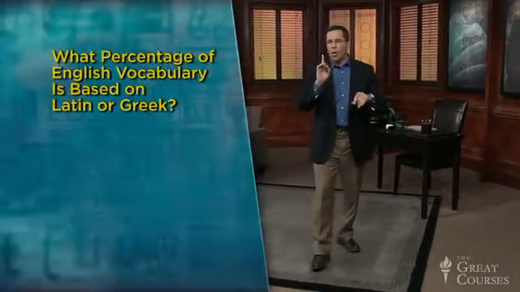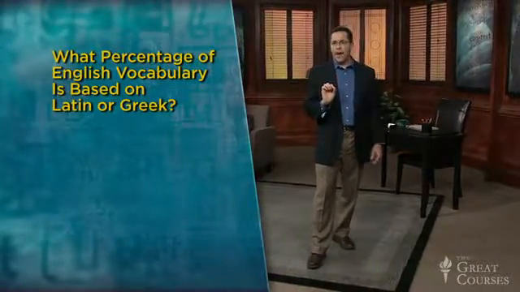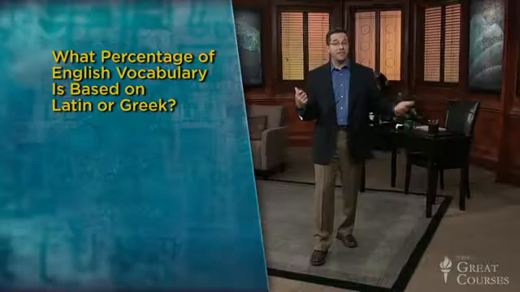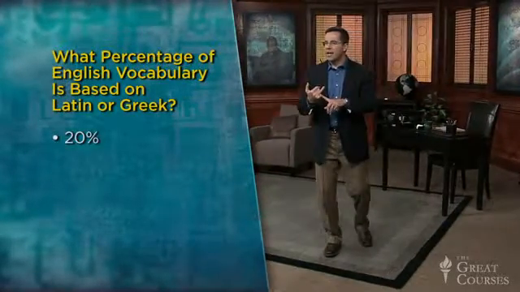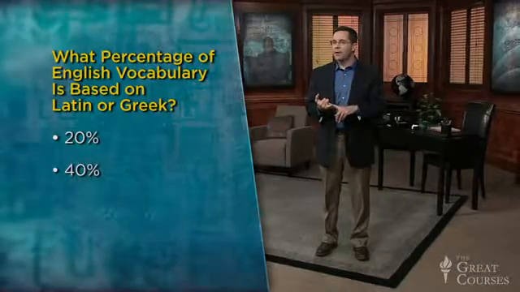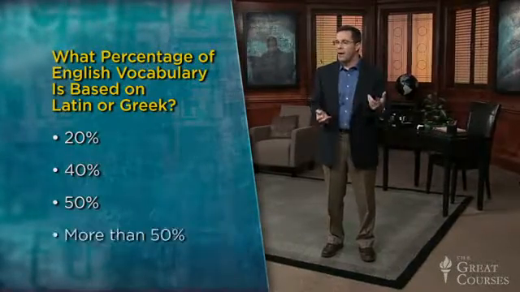So just how powerful is this system of morphology? Is it worth spending our time examining Latin and Greek roots in this course? Specifically, what percentage of English vocabulary is based on Latin or Greek prefixes, suffixes, or roots? What do you think? 20%? 40%? Do I hear 50%? Higher?